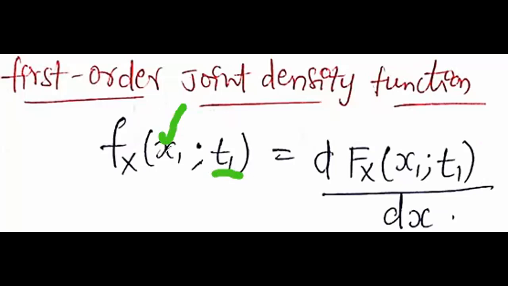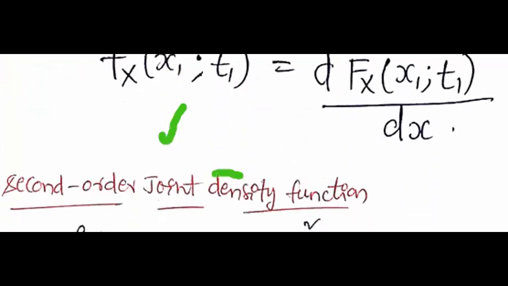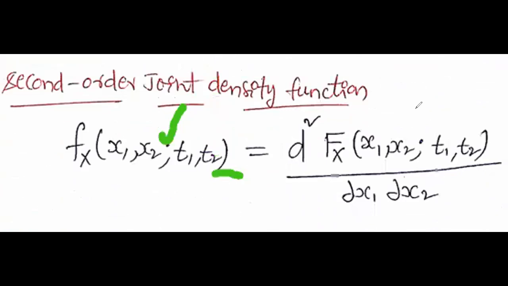Next, we would like to see the second order density function. How are we going to calculate it? Now observe the second order density function. Second order in the sense that here we are considering two random processes, that is x1 and x2. For this x2 we have t2, and for this t1 we have x, right?